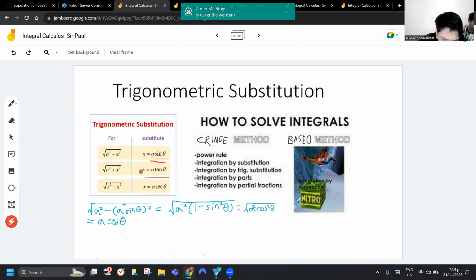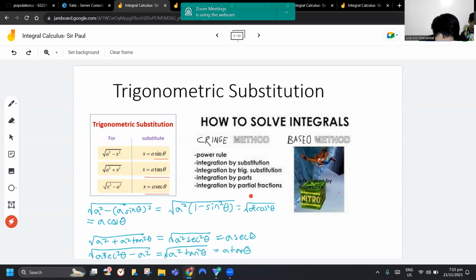And then if we substitute a tangent theta for x into this, that's a secant theta. And then finally, if we substitute a secant theta into this equation, we get a tangent theta.